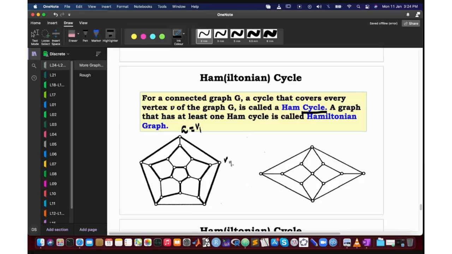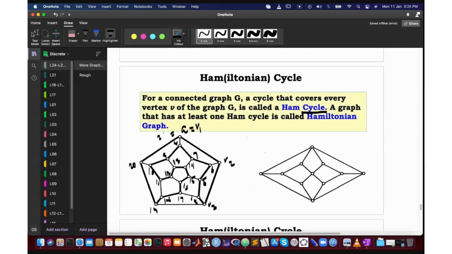So I go there V2, I come here V3, and I go here V4, 5, 6, 7, 8, 9, 10, 11, 12, 13, 14, 15, 16, 17, 18, 19, 20 and 21.